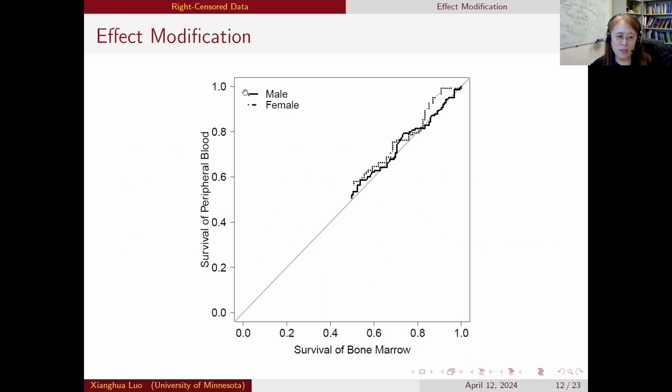But we stratify the data into two groups, male and female. You see the solid line for the male group and the dashed line for the female subgroup. Visually, you probably can draw the conclusion that there's not much difference in terms of treatment effect. So that's evidence of no significant effect modification by this factor.